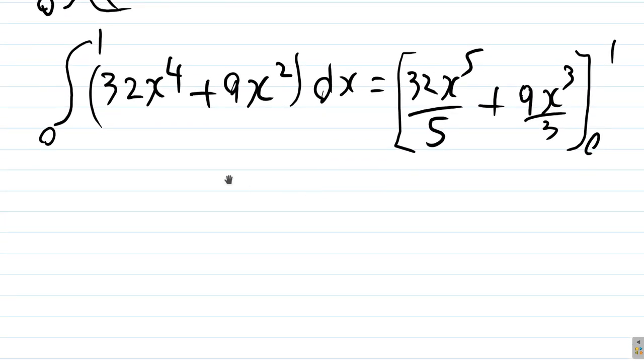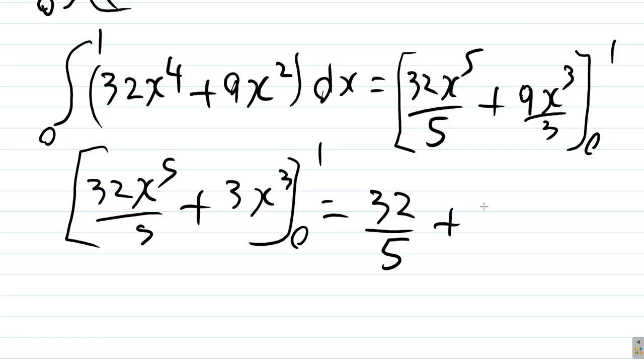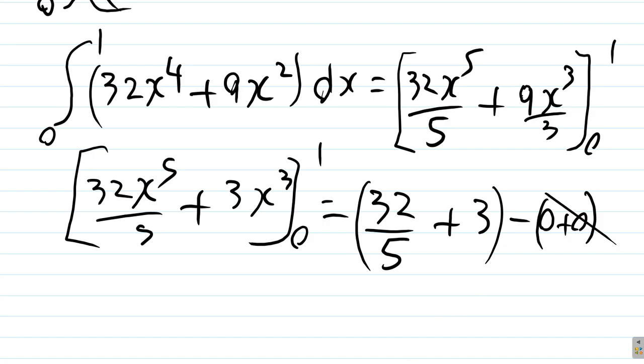So this is 32x to the 5 over 5 plus 3x cubed from 0 to 1, which is equal to, we substitute 1 first, 32 times 1 to the 5, which is just 1, over 5 plus 3 times 1 cubed, which is 1, minus 32 times 0 to the 5 over 5, which is 0, plus 3 times 0 cubed, which is 0. So that amounts to 0.